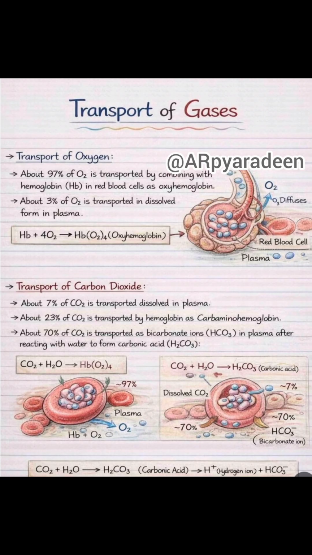Thus, carbon dioxide trapped as bicarbonates at the tissue level and transported to the alveoli is released out as carbon dioxide. Every 100 ml of deoxygenated blood delivers approximately 4 ml of carbon dioxide to the alveoli.